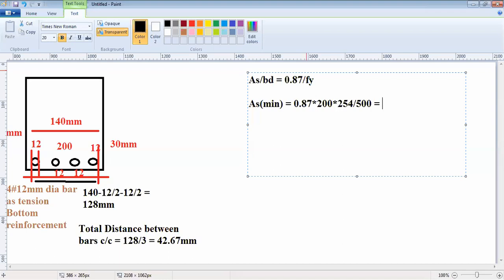So how much is this? So 88.392. It's 88.392 mm square.